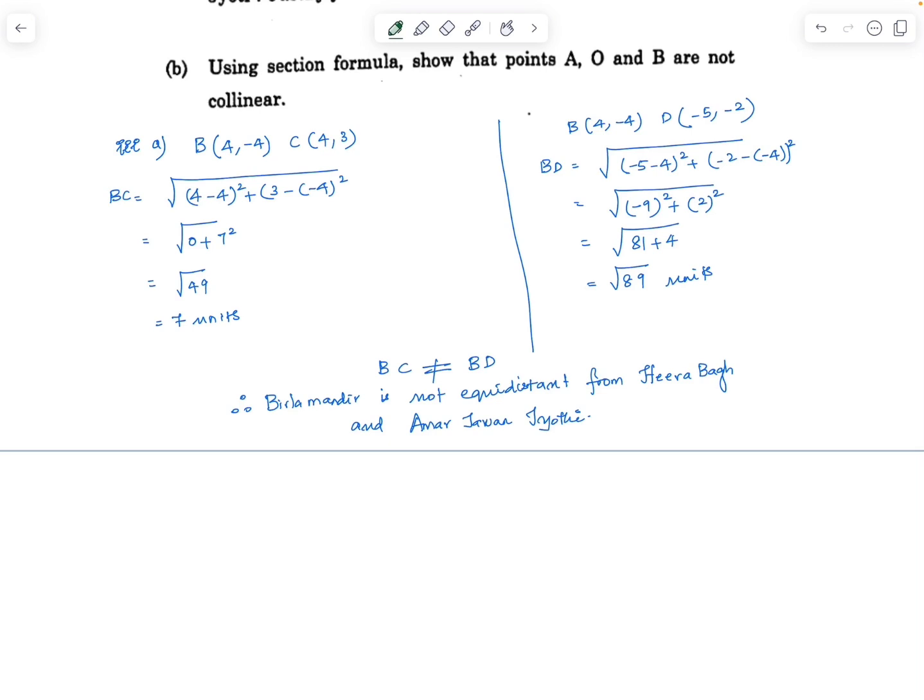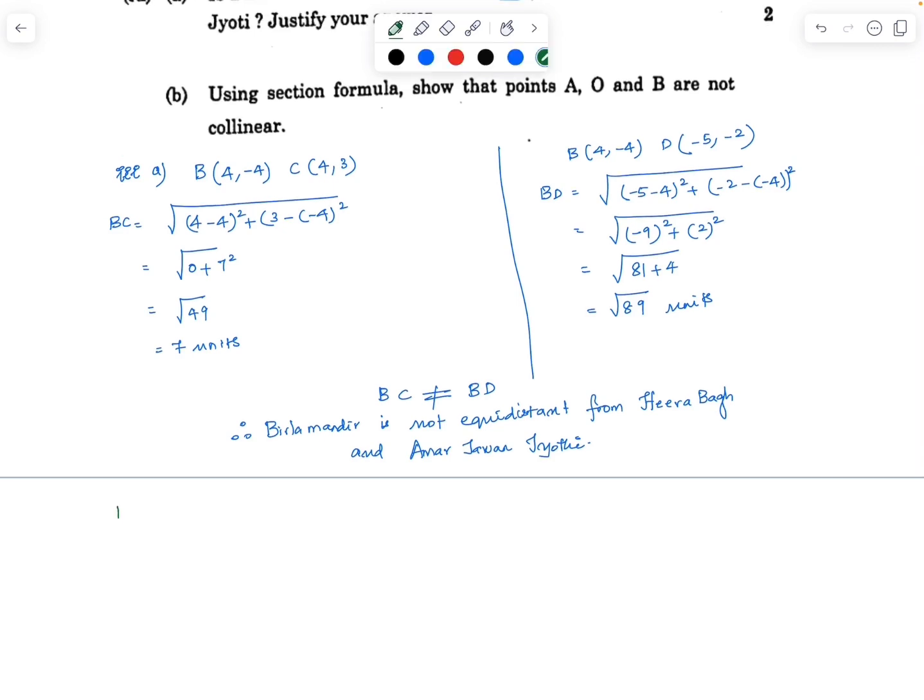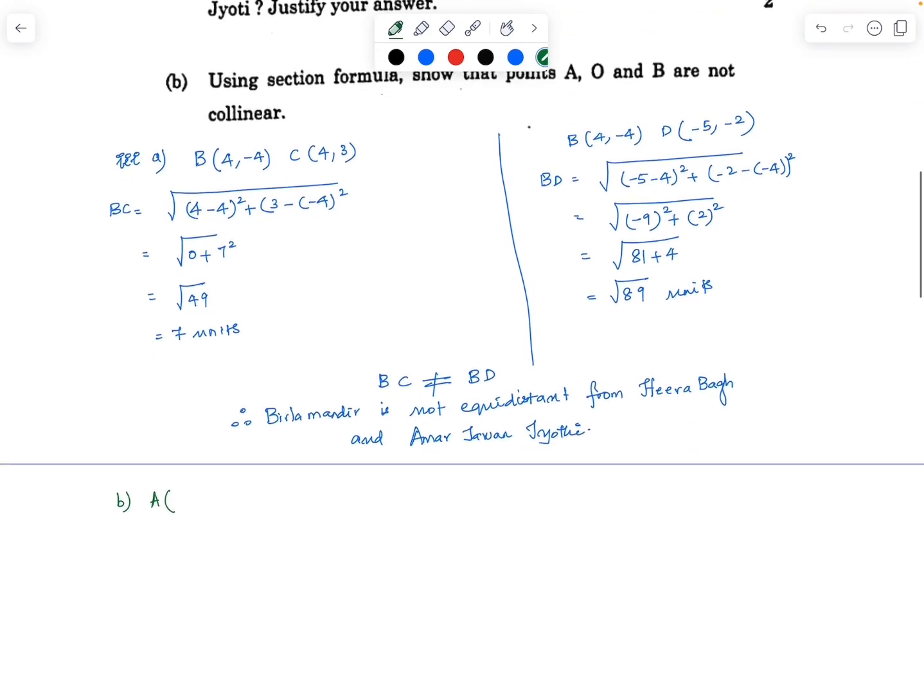Part B of the third question. Using section formula, show that points A, O, B are not collinear. Let's take down the coordinates of the points given. A is minus 4, 2. O is the origin 0, 0. And B is 4, minus 4. Now we have to use the section formula to prove that the points are not collinear.